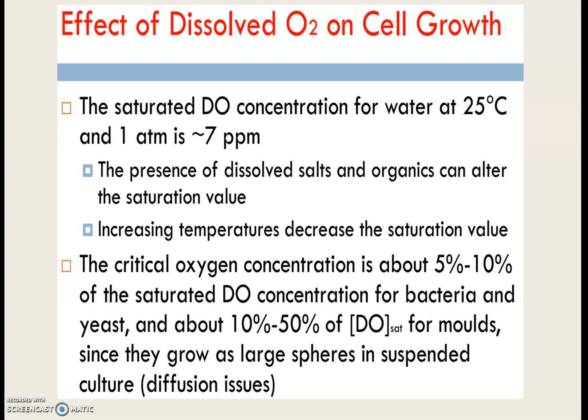If it decreases to 0%, then your microbes can die. So 10% is a suitable critical oxygen level required in the fermentation. We need to make sure that the transfer of oxygen inside the fermentation is suitable for the microbes to take up in order for them to grow.